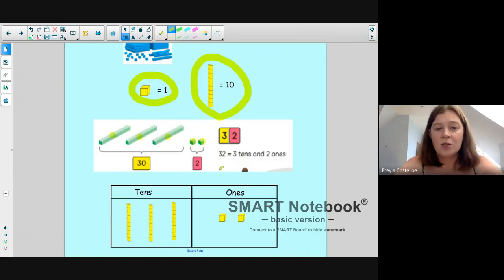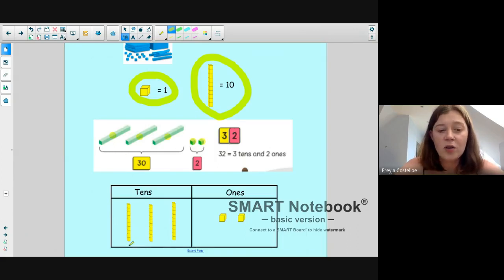Okay. So altogether, how many cubes do we have? What does that make? What do those sticks and those cubes make for us? You can have a look at this chart down here. It makes 32, doesn't it?